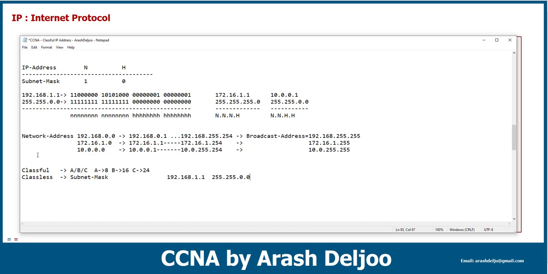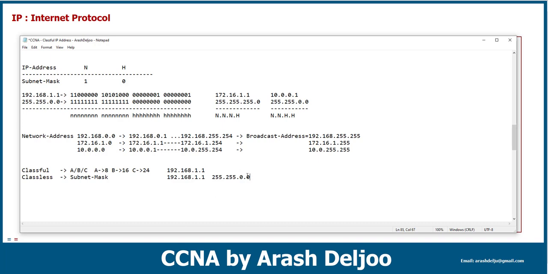But in classful networks we didn't have the subnet mask. For example, we only configured 192.168.1.1. This means that the first 24 bits, because this is a class C network, are the network bits, and the last octet, the last 8 bits, are the host bits, you know it.